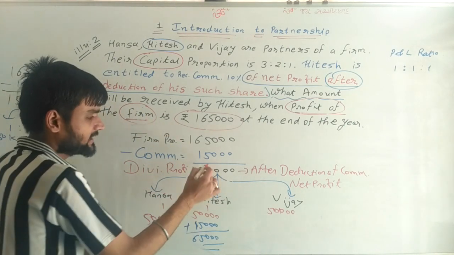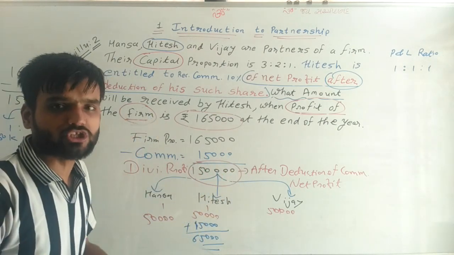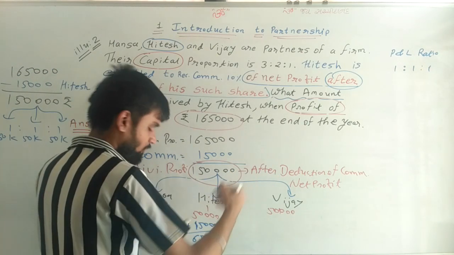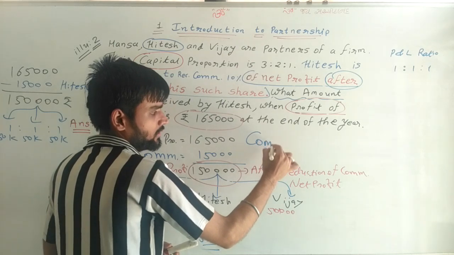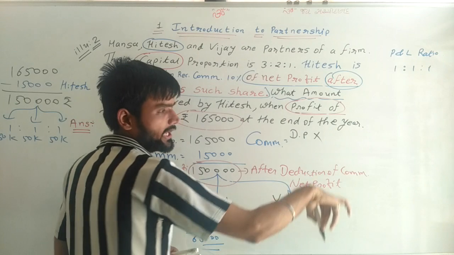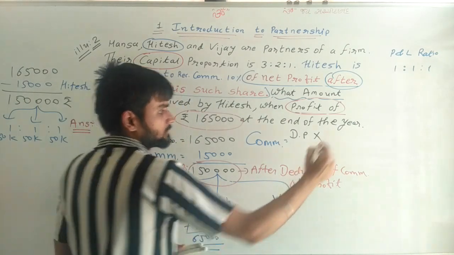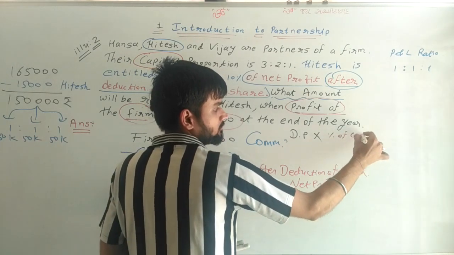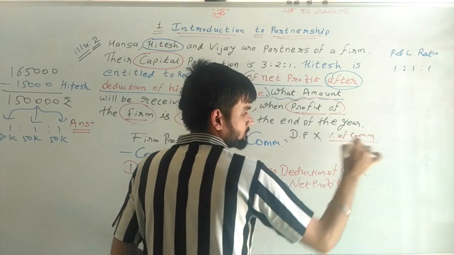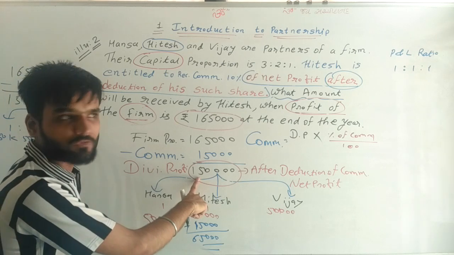And if this divisible profit is available to you, then you can calculate commission directly by the second formula. The second formula of commission is equal to divisible profit into percentage of commission divided by 100. Now what is the divisible profit? Divisible profit is 1,50,000.